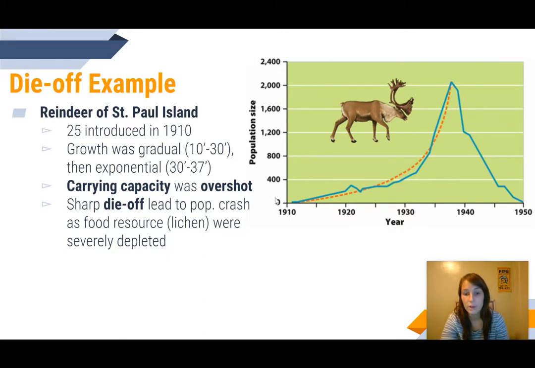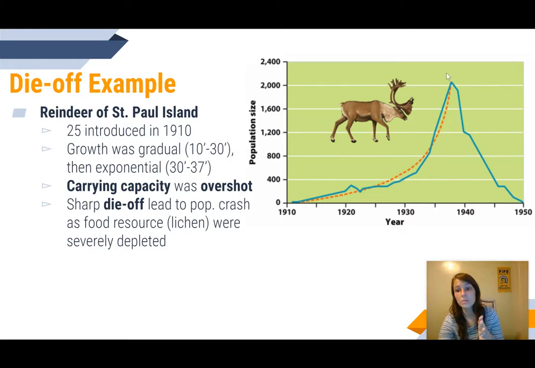And at first, if you look at the graph here, the growth was gradual from about 1910 to 1930. It's increasing, but it's doing so at a gradual rate. And then we see from about 1930 to 1937, this exponential growth that just skyrockets. Now, clearly the carrying capacity was overshot. The ecosystem could not support these 2,000 reindeer here.